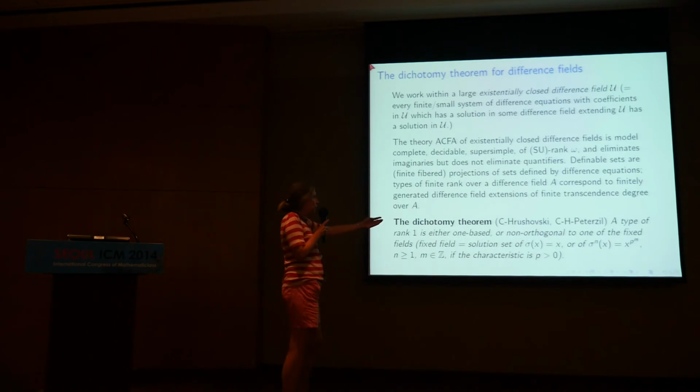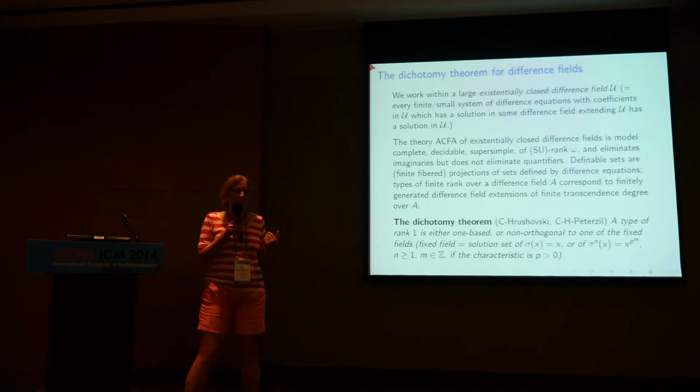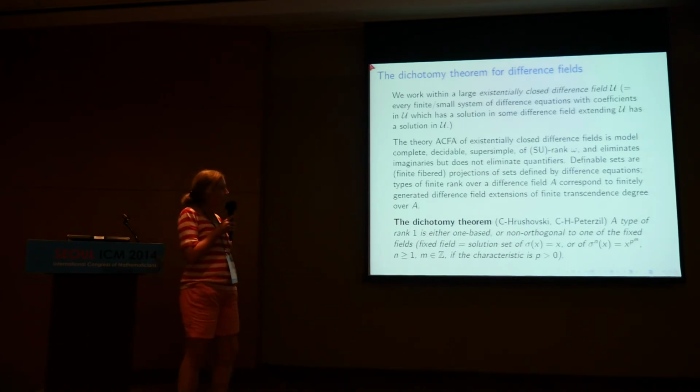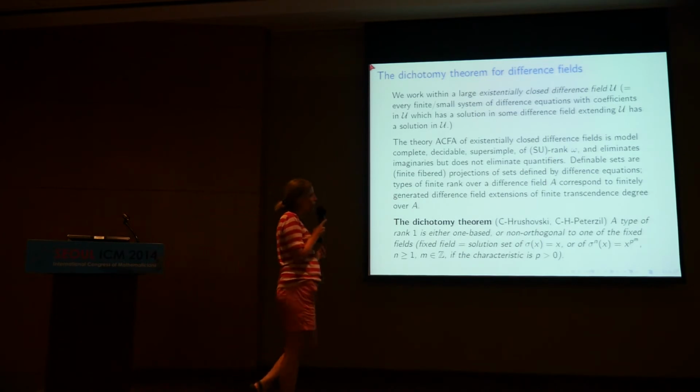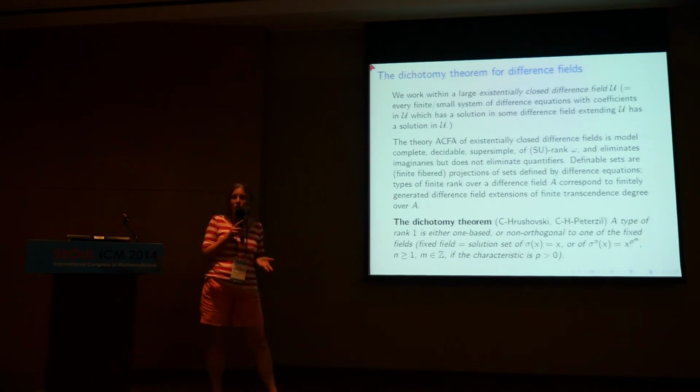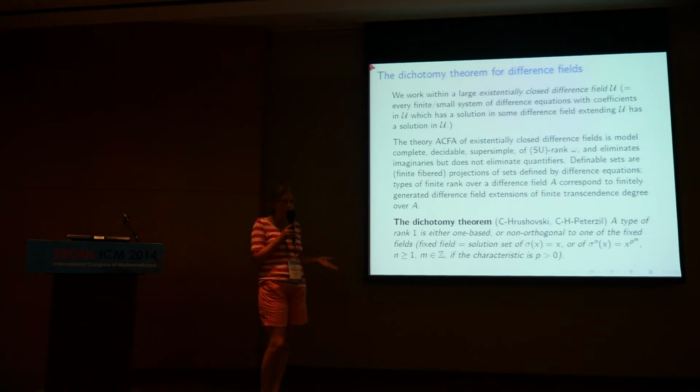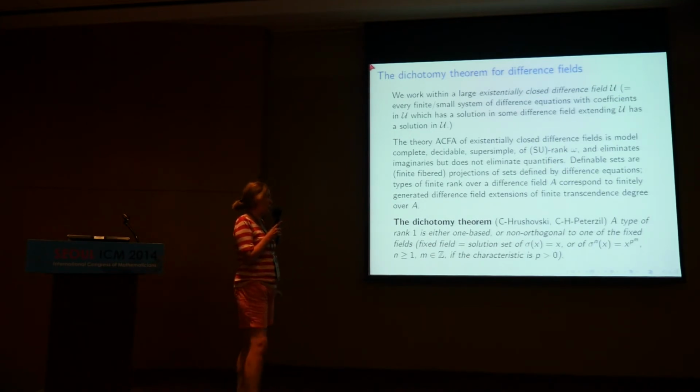And you have a similar statement in characteristic p. Of course, you have the other fields lying around, which are the fields defined by these equations obtained composing sigma with powers of the Frobenius, or sigma to the n with powers of the Frobenius. In characteristic p, you get many fields around. All right, let me continue.